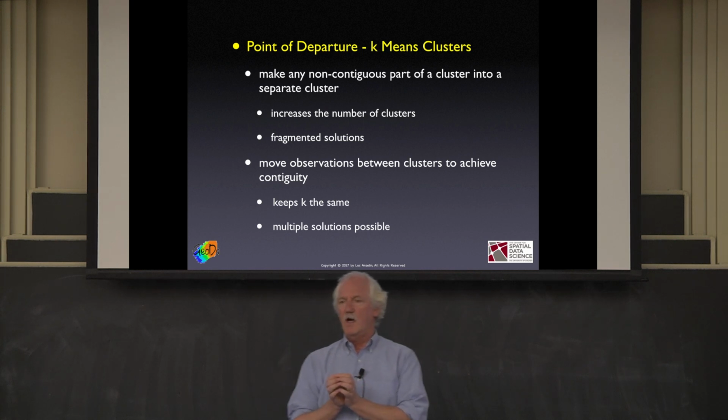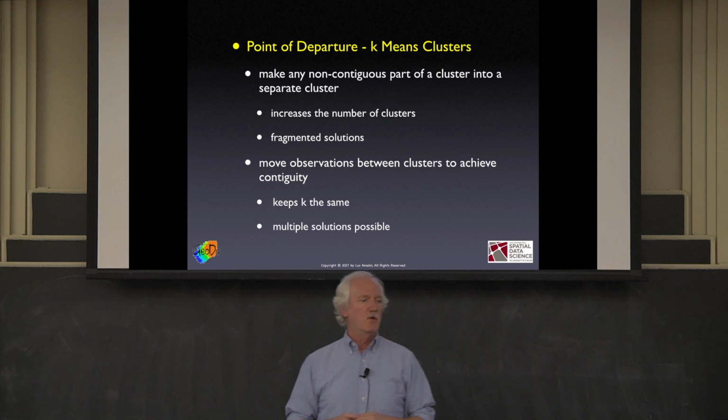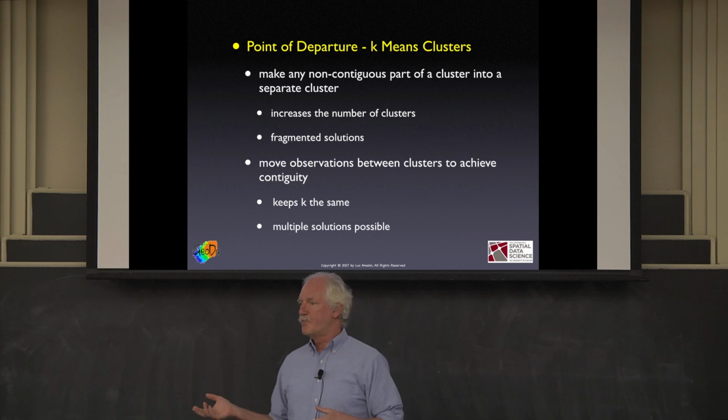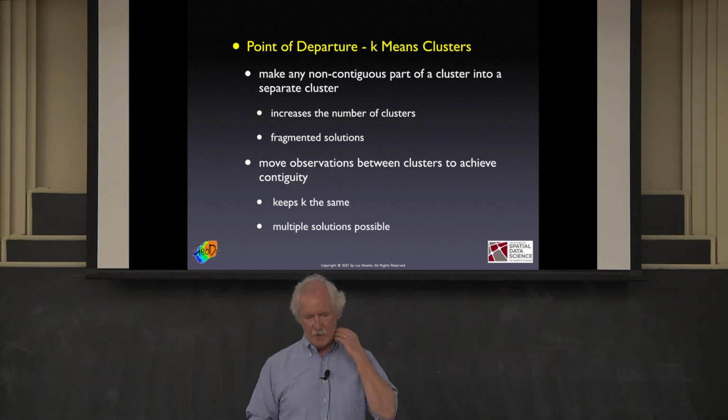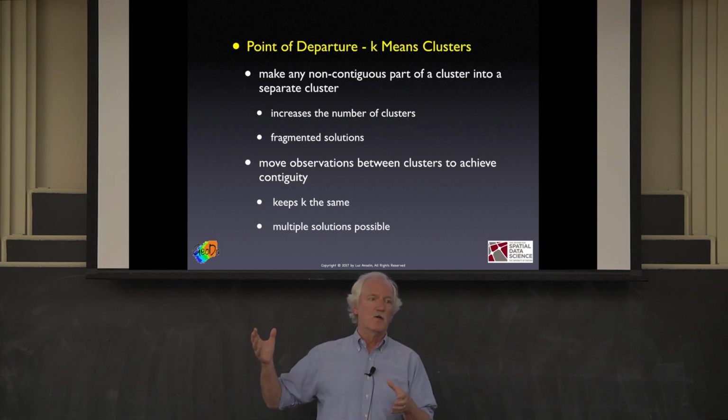One is you start with a given K, say K4. You do your clustering, and then you say anything that's not contiguous becomes a new cluster. So, well, I'll show you an example in a second. So basically what that does is K is no longer K. It becomes larger.